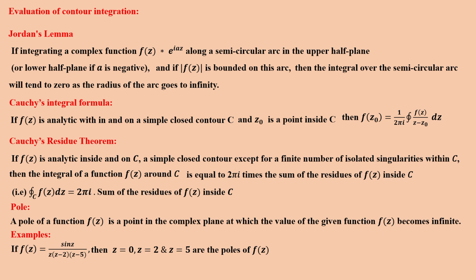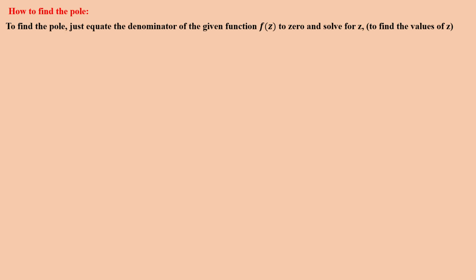So this is a simple pole, order is 1. So how to find the pole? To find the pole, just equate the denominator of the given function f(z) to 0 and solve for z. To find the value of z, then you will get the pole.